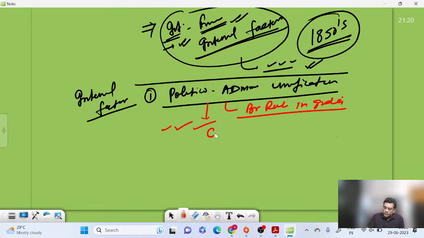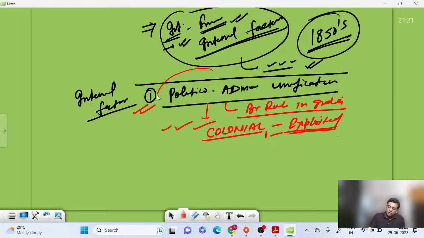So colonial administration was very impactful. It was exploitative. If the exploitation is by a common enemy and is uniform throughout British India, that will create a commonality of interest among Indians, and that is how they created a very strong bond which is called nationalism.